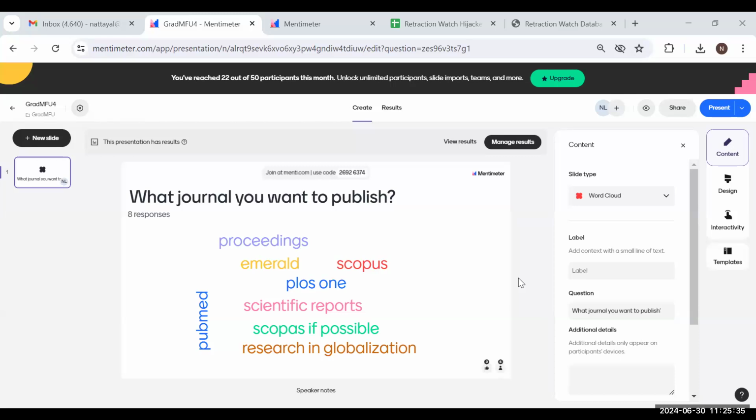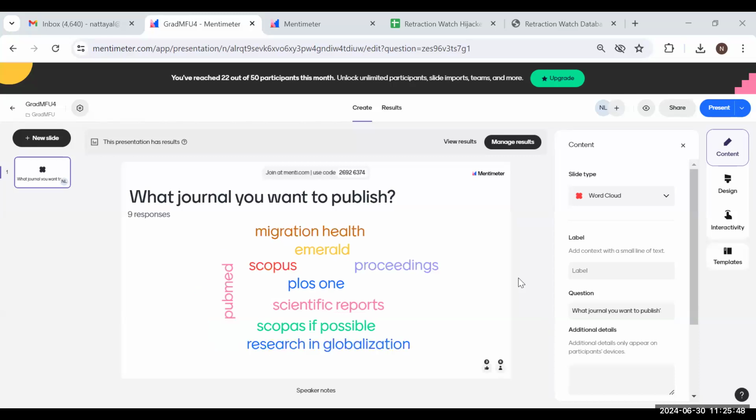From my experience, because we have limited financial support to do research work, I always ask the journals. Migration Health, oh, excellent. In case you want to publish your work in a journal that comes with an APC, I recommend you ask for the waiver first. But if you have enough financial support, it's fine. For me, I don't have such support because we have a ceiling of budget for research work.